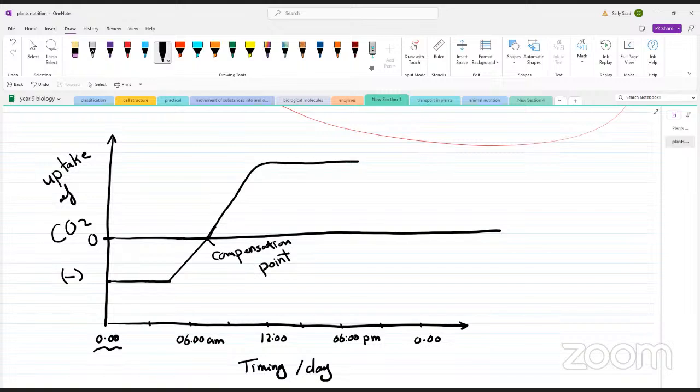This is the maximum rate of photosynthesis at that time, because there is high light intensity. It will stay at maximum uptake of carbon dioxide, because at that time of the day, the rate of photosynthesis is higher than the rate of respiration.